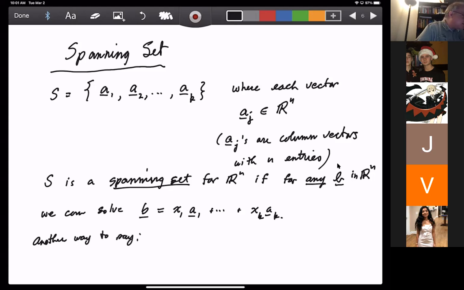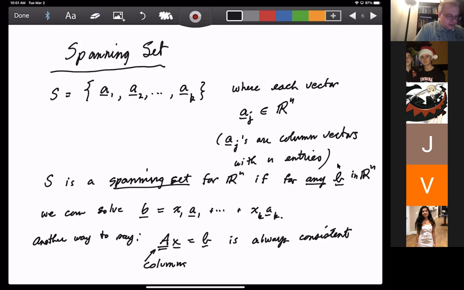So another way to say this is that this matrix A has as its columns the vectors a sub 1, a sub 2 up to a sub k. If we build that linear system, we should always be able to solve that linear system.